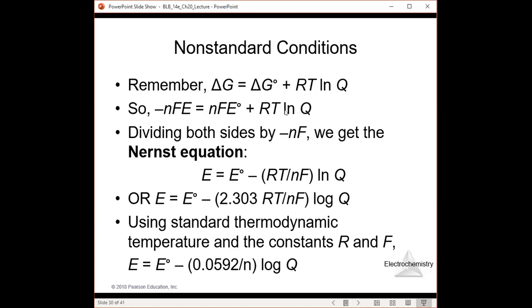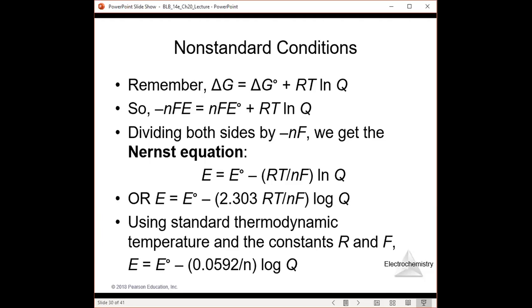Remember when we was talking on Tuesday, delta G is delta G prime plus RT log of Q. So let's just say we solve for delta G. So what we do here is negative NFE, because we substitute in what delta G stands for, is equal to negative NFE prime plus RT log of Q. When you do this, because K and Q are the same, they are solved the same way.